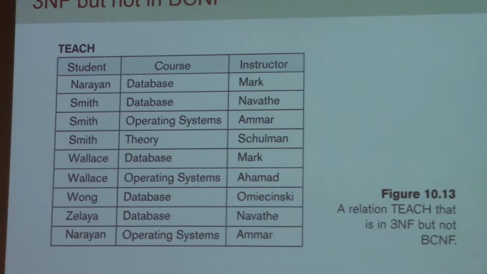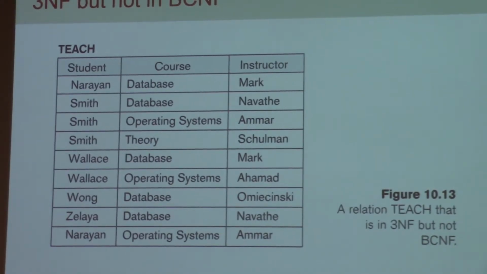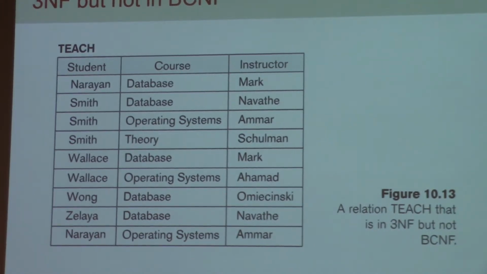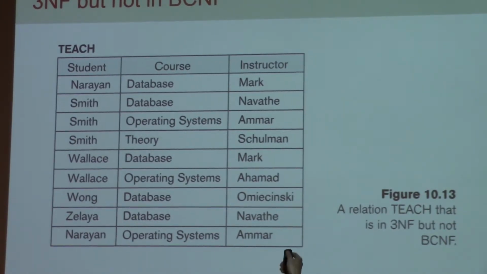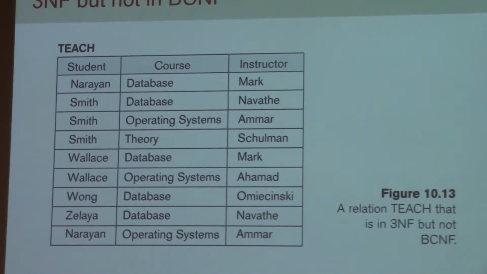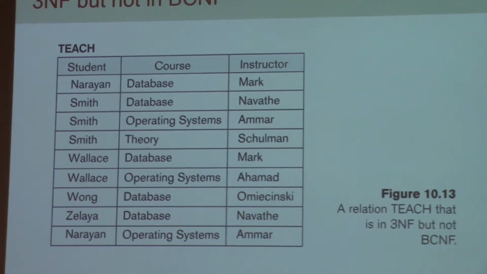It looks like redundant information. If you take a look at this teach table, student, course, instructor, and student name is Smith over here. Instructor name is sometimes here, and the course name is several times. It's all mixed up. So for example, student course determines instructor.